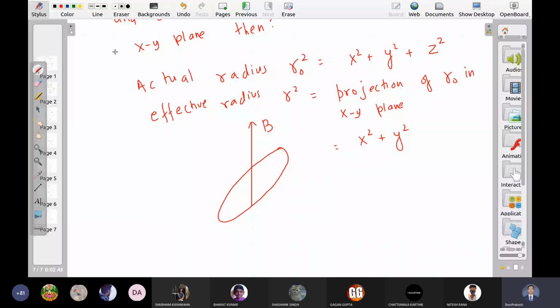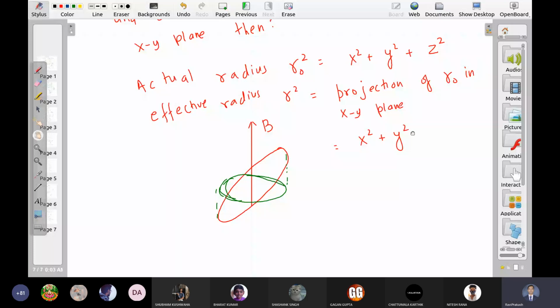So we just take the projection of this orbit. So what is the size of this orbit? This much. So we can calculate r square from the actual orbit using this connection. But we need to know this x, y, z and the other things, right?